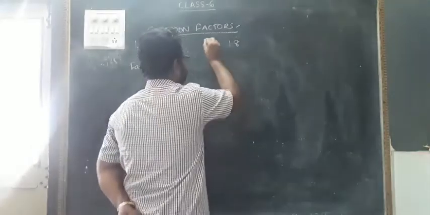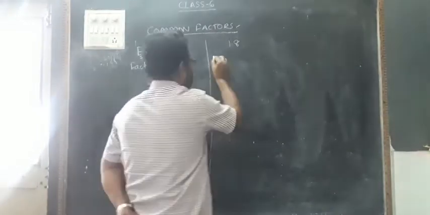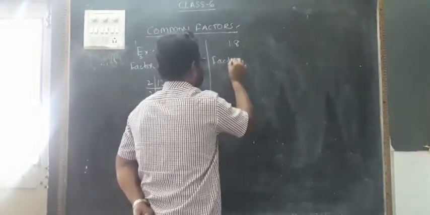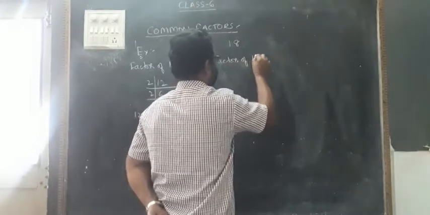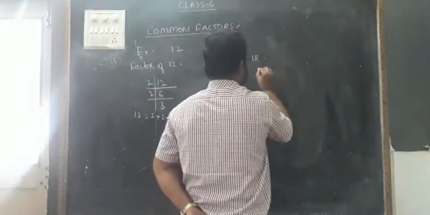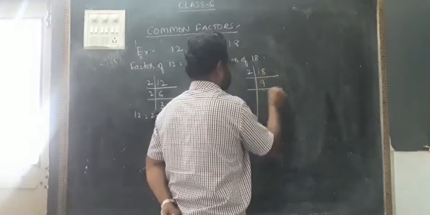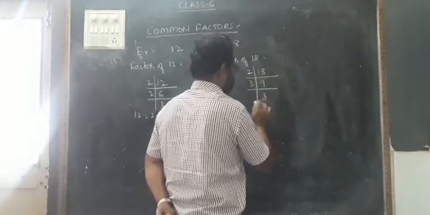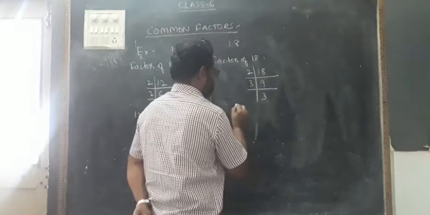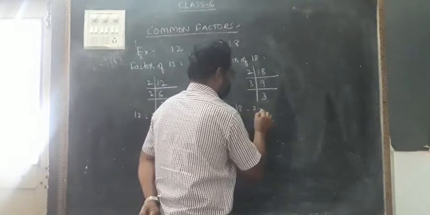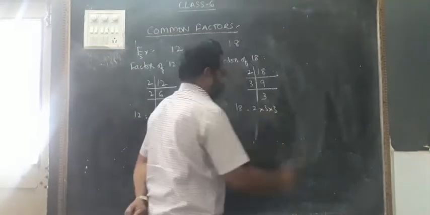Like this 18. Factors of 18 is equal to, in 18 also we have to divide it, 2 table, 2 9s are 18, 3 table, 3 3s are 9. So 18 is equal to 2 into 3 into 3.